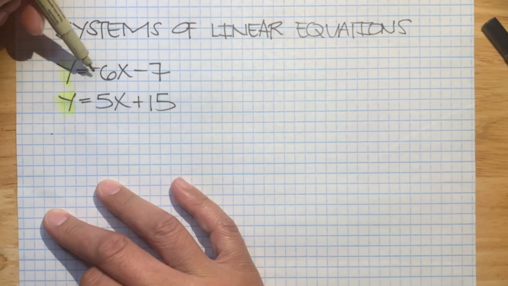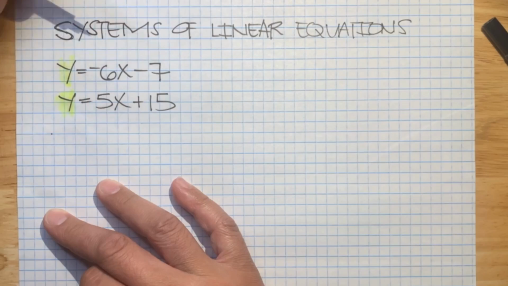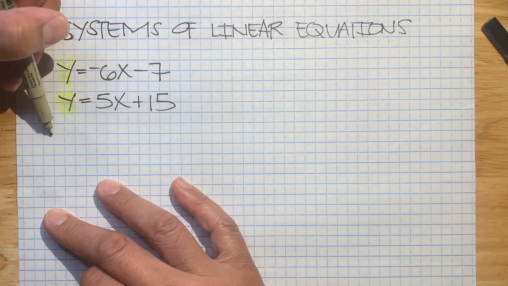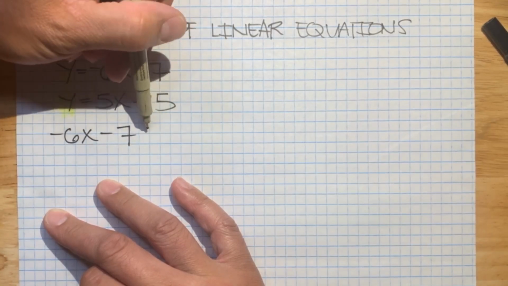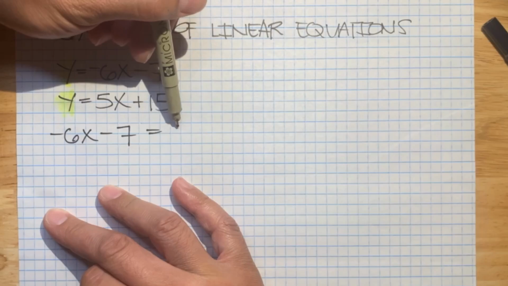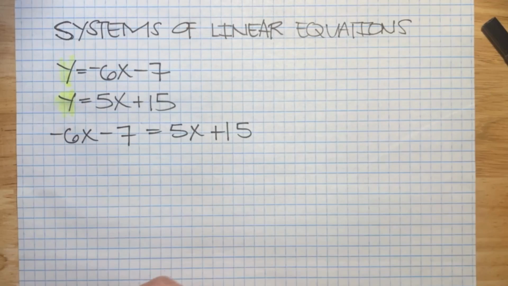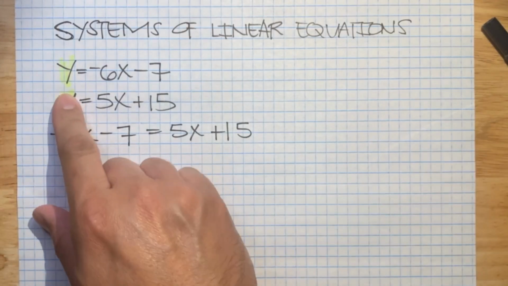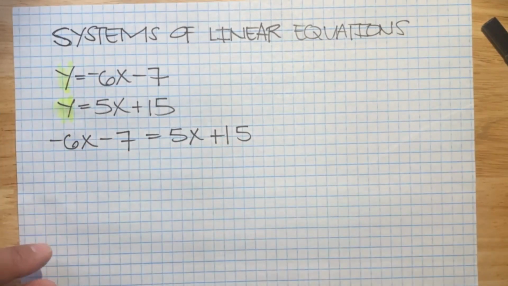So y equals negative 6x minus 7 and y equals 5x plus 15. So we can write negative 6x minus 7 equals 5x plus 15. We just get rid of the middleman. That middleman is what connected them together, and we'll just put those two together.